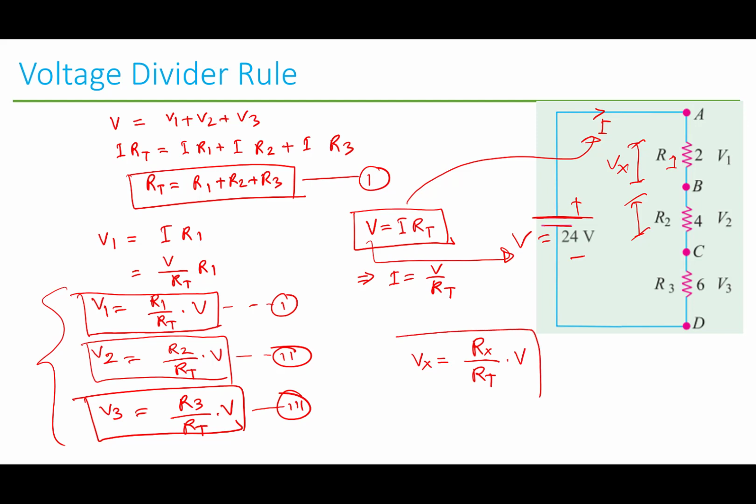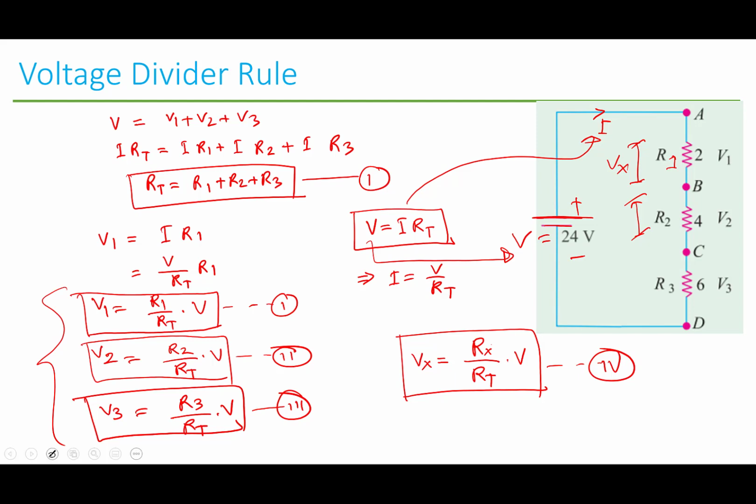That means, this is a generic expression: if you want to find out the voltage across any particular resistor, multiply that resistance with the total voltage and divide by the total resistance RT, right?